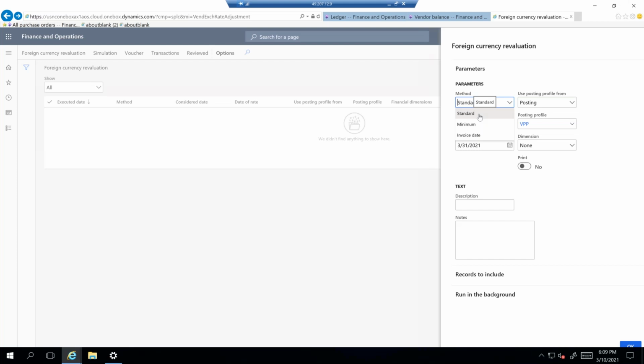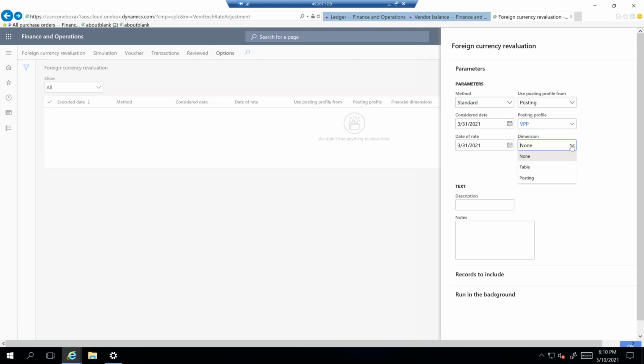So what are the best practices to pick the filters so that the dimensions can appear in the revaluation? The dimensions are already there at the transaction level, right? First, let me clear this one.